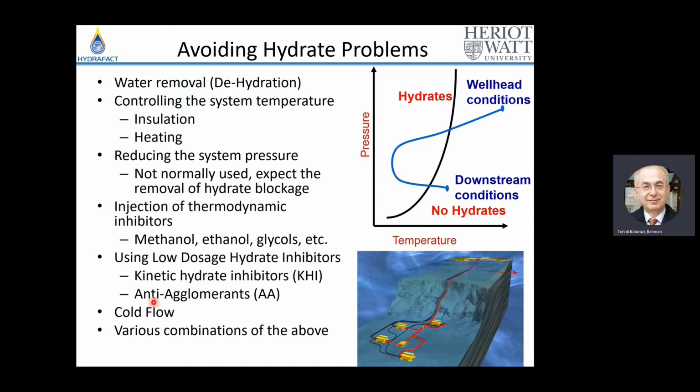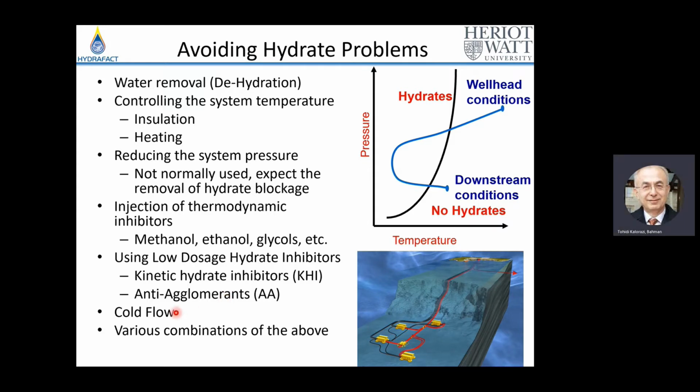Another option is to use an antiagglomerant. Antiagglomerants do not prevent hydrate formation, and some of them may promote it, but they prevent hydrate crystals from sticking to each other.